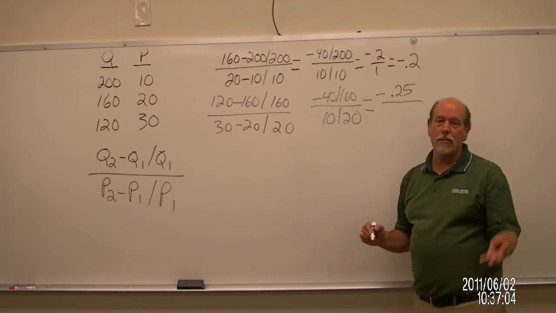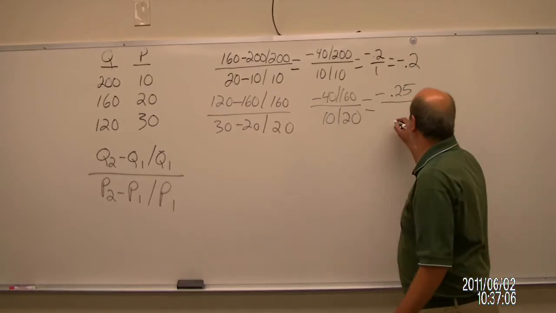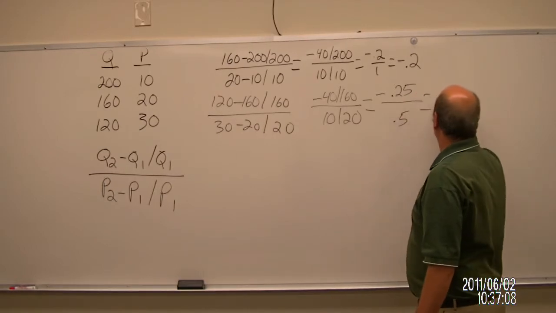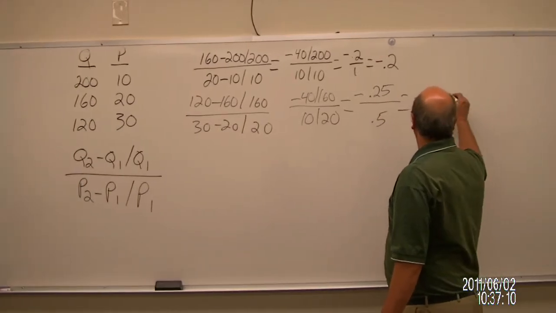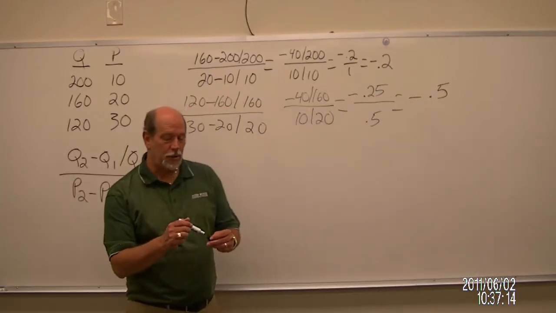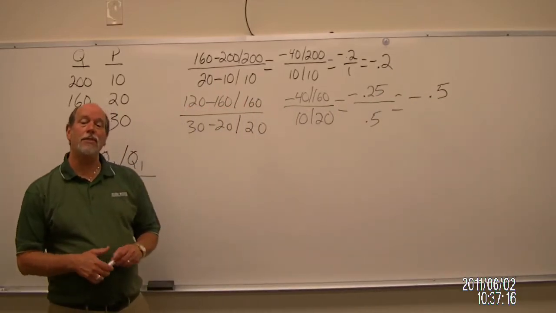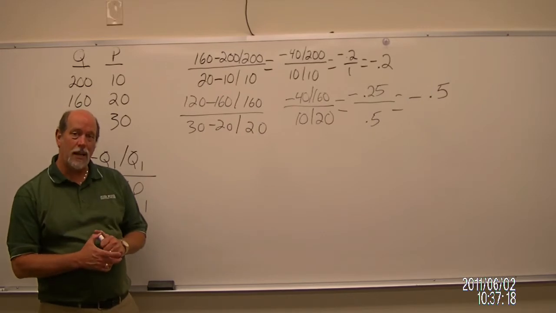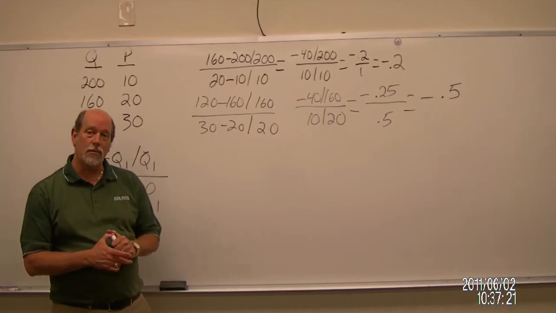And 10 divided by 20, 0.5. We can do that in our heads. Following that through to conclusion, negative 0.5 is the price elasticity of demand for that particular set of numbers.